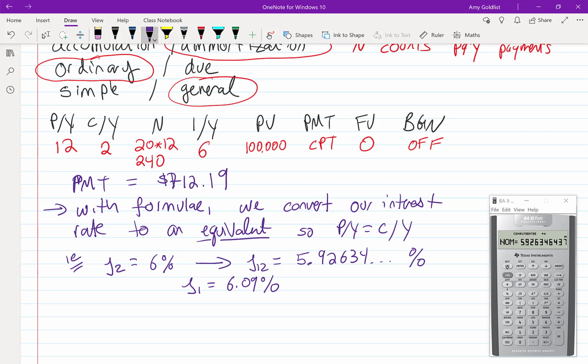No rounding, saving that entire thing. That's how it works in a spreadsheet like Excel, and that's how it works with the formula. We are lucky that we have a calculator that does that. It's doing that under the hood.